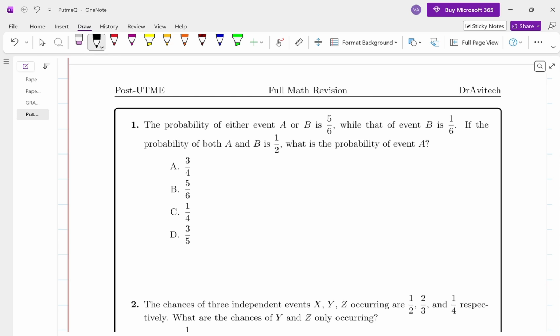Probability of A or B is equal to the probability of A plus the probability of B. But there could be an intersection. When you draw the sets, A and B might intersect, so the intersection would be appearing twice. We need to remove that intersection once, A intersection B. You need to know this formula. It's very important.